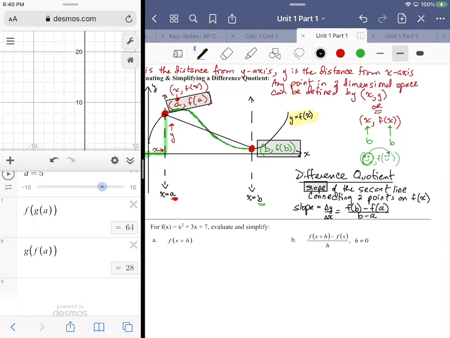So that's actually a difference quotient. Now, it doesn't look like this formula. I'll get to that in a second. But this is a variation of a difference quotient. It's a general rule for finding the slope of a line segment connecting any 2 points on a curve.